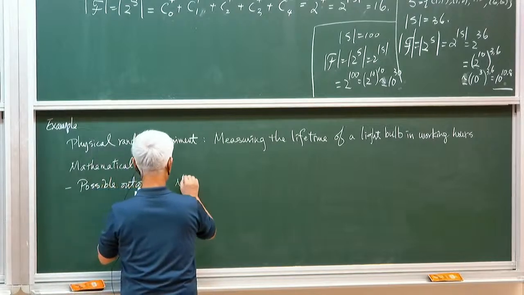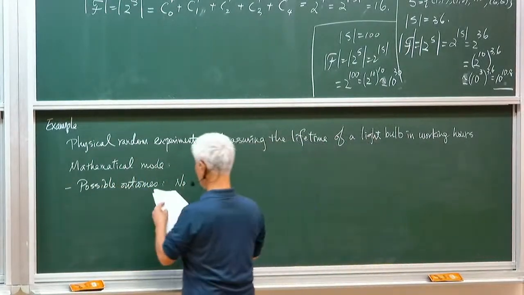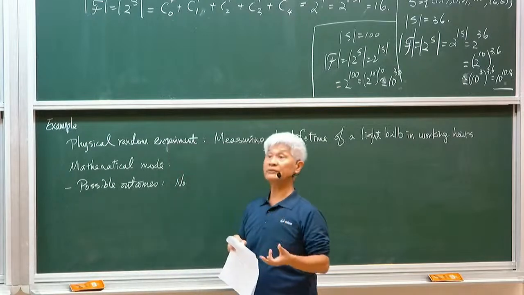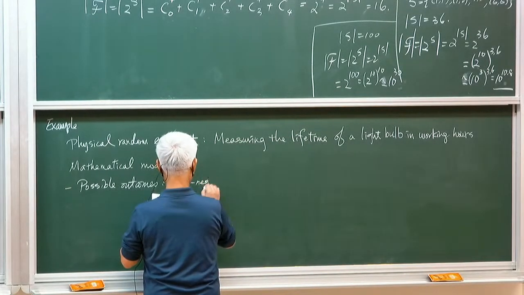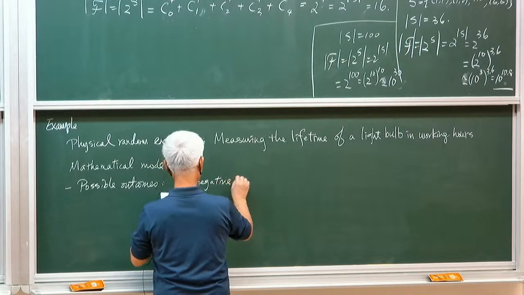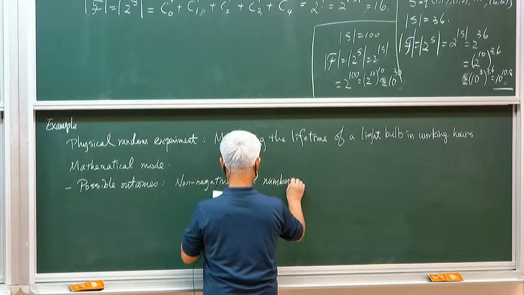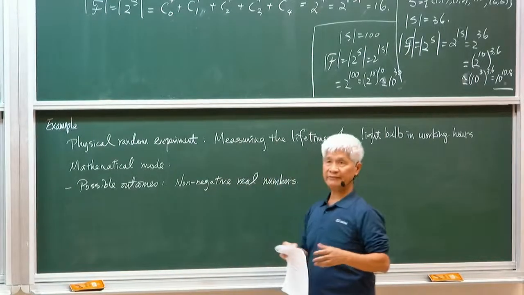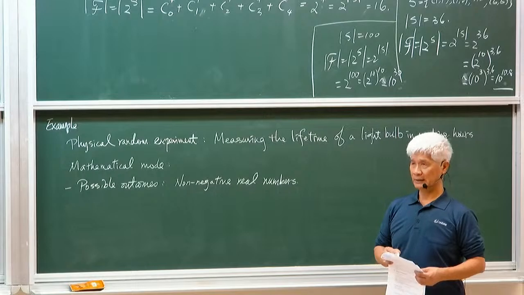Well, because we measure the lifetime, the outcome is a numerical value, and this numerical value will be a non-negative real number. You never have a negative number because lifetime is always non-negative.